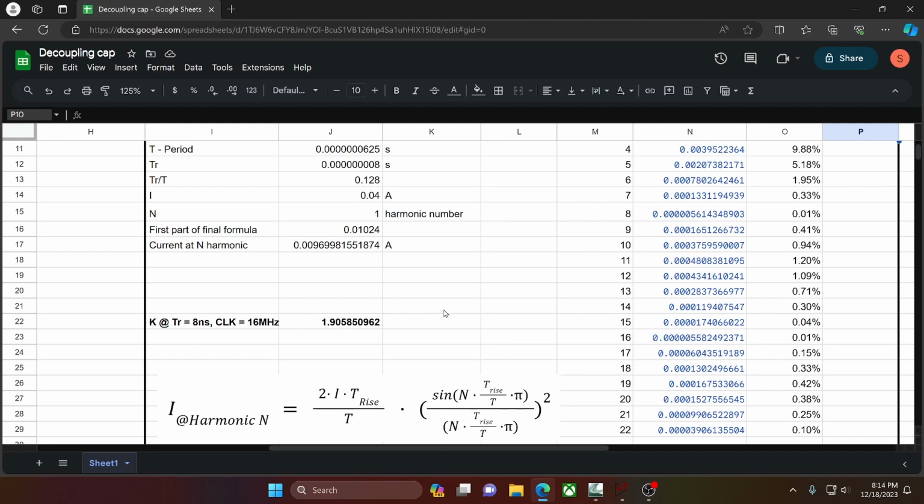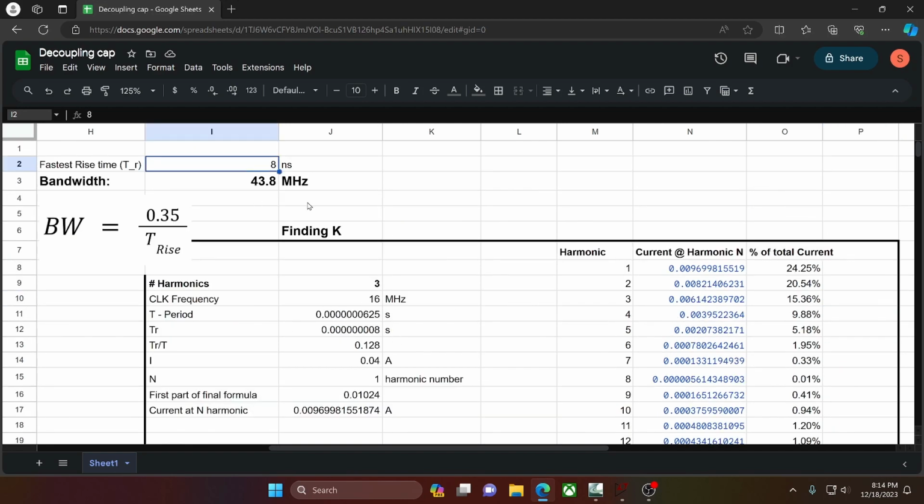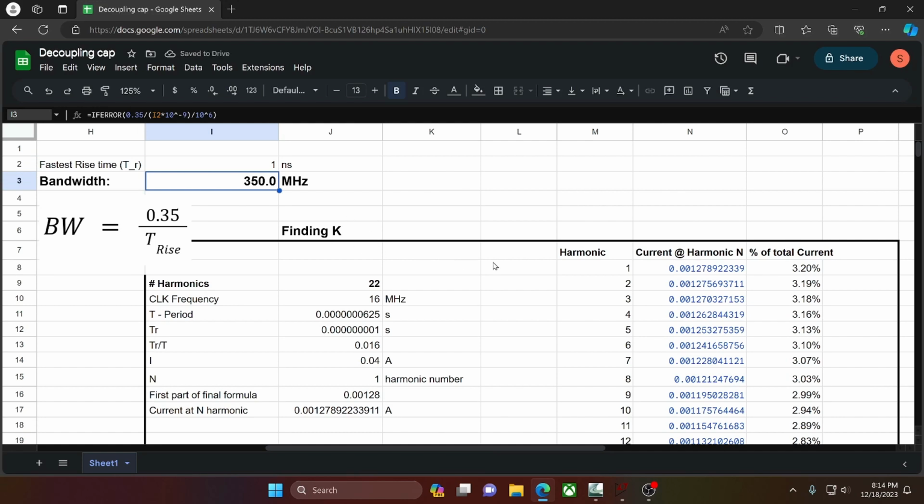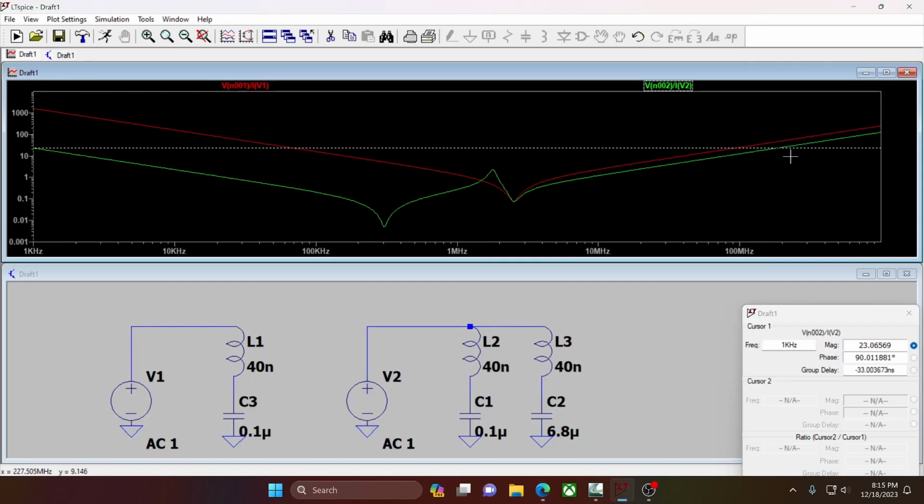So I couldn't help but take the liberty of, technology's getting better and better. There's nothing precluding the industry from saying we want a 16 megahertz clock, but with a 1 nanosecond rise time. So if you look at this, first off, we go to 350 megahertz. Did this get there?